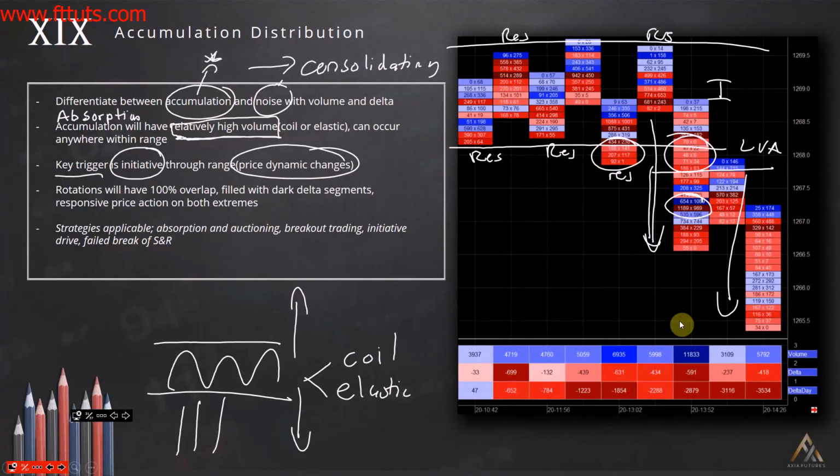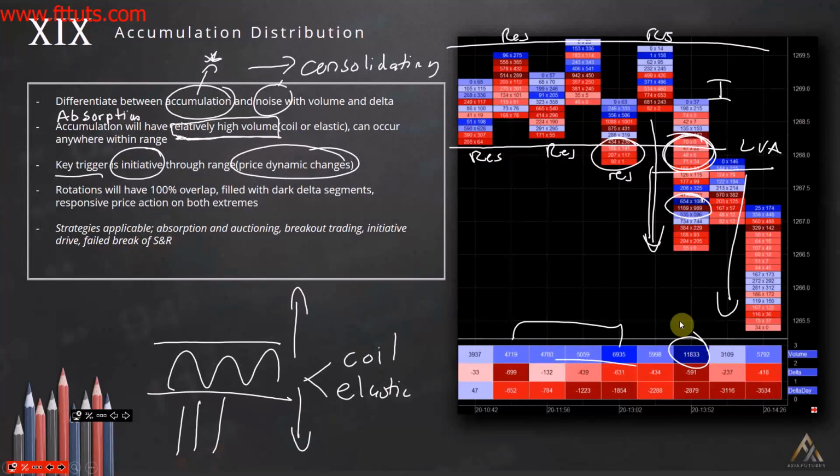So that trigger was a shift in dynamics, i.e. a nice little imbalance as the sellers stepped up and began the process of initiation. Note the volume dynamic on the initiation, substantially higher in relative terms than the previous couple of rotations. Also note the delta shift.